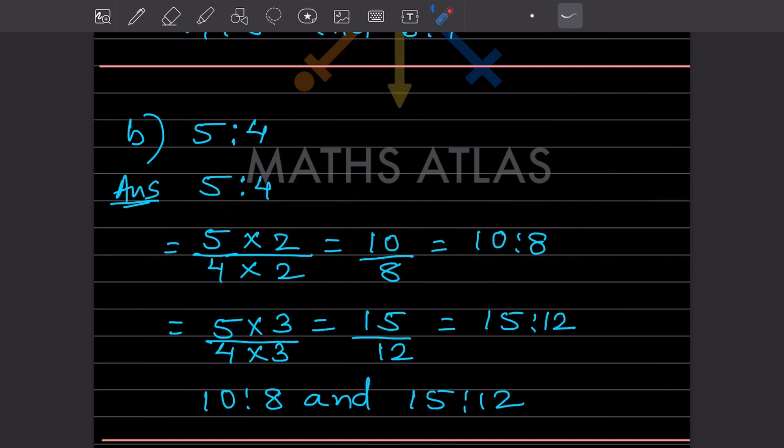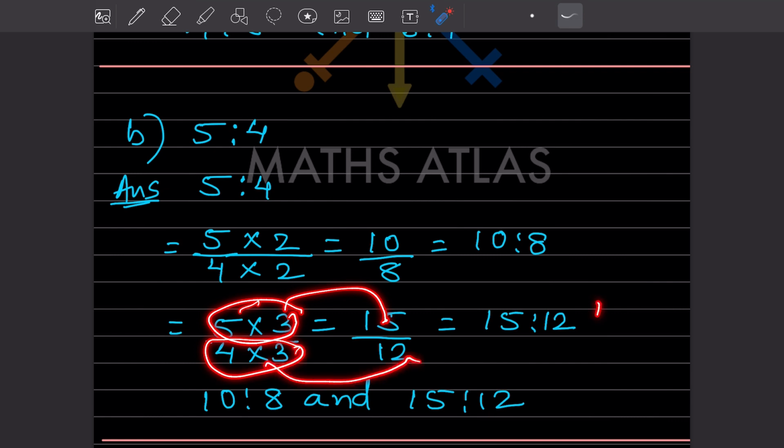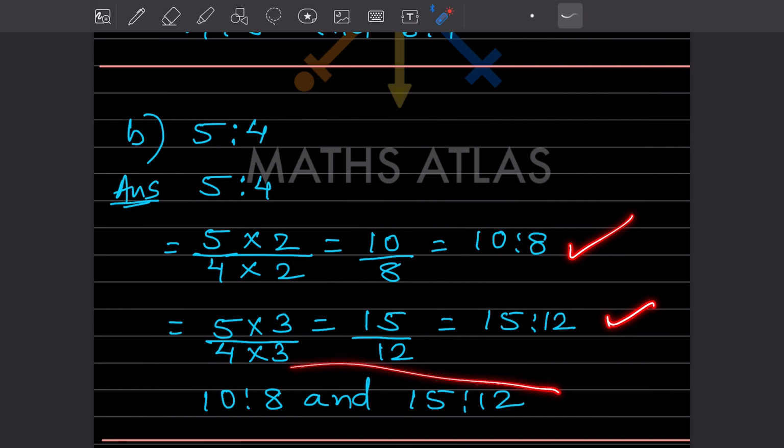Same thing, you will multiply by 3. Same number, 5/4. So 5 3s are 15, 4 3s are 12, which will be 15:12. So these two are the equivalent ratios.